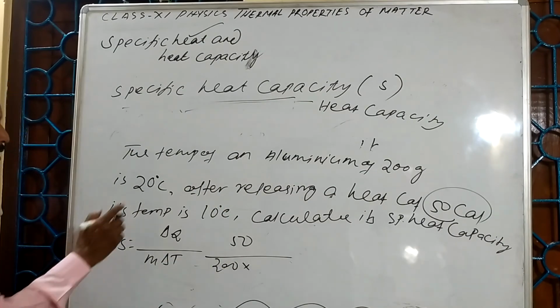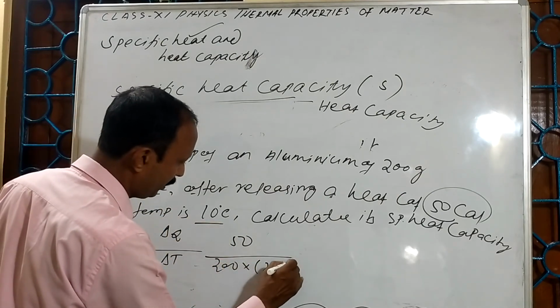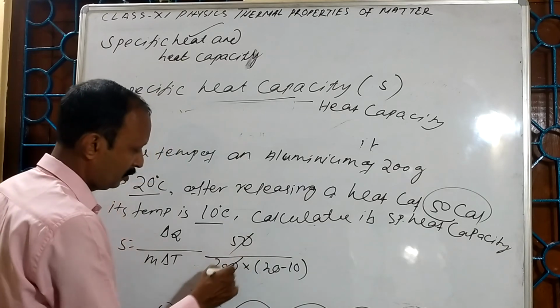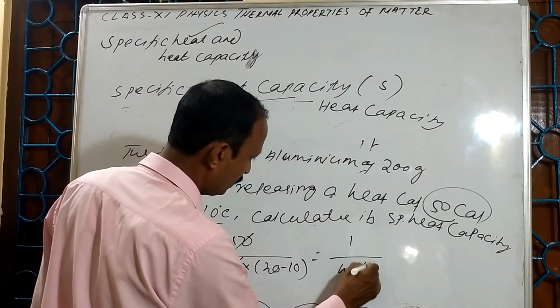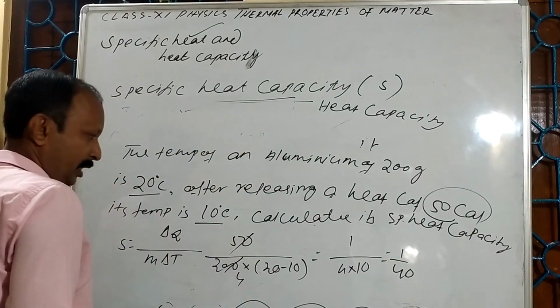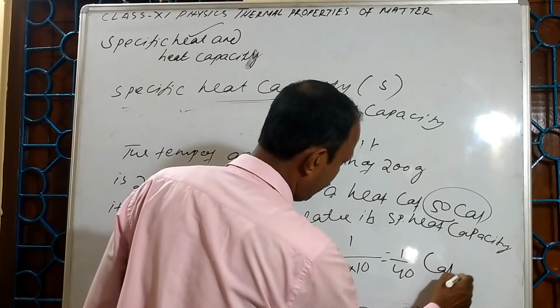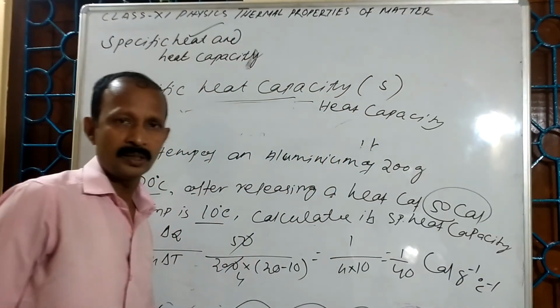Change in temperature from 20 degree to 10 degree, that means 20 minus 10. So it is equal to 50 by 200 into 10, that means 1 by 40 calorie per gram per degree Celsius.